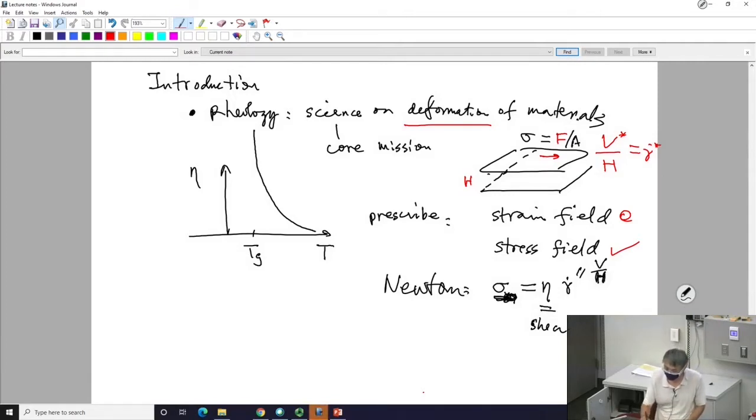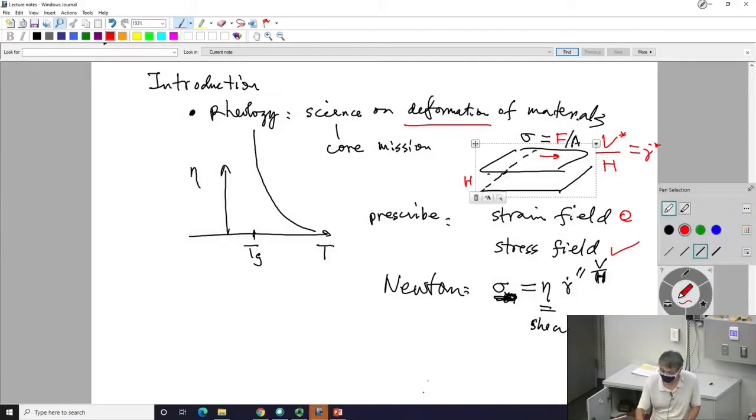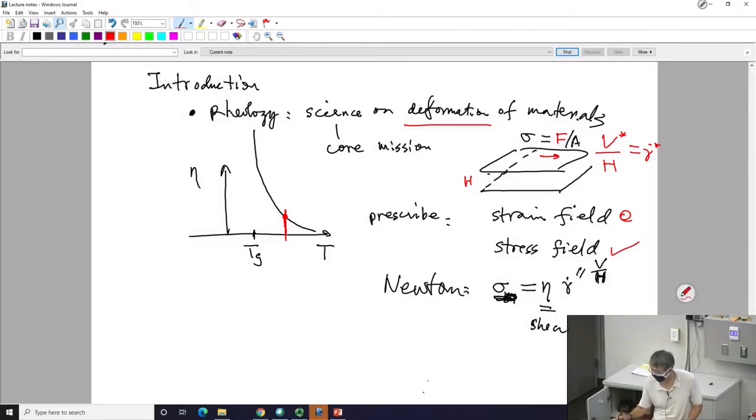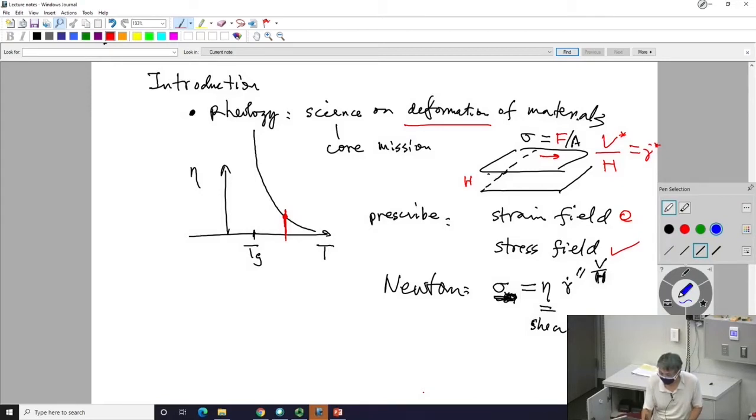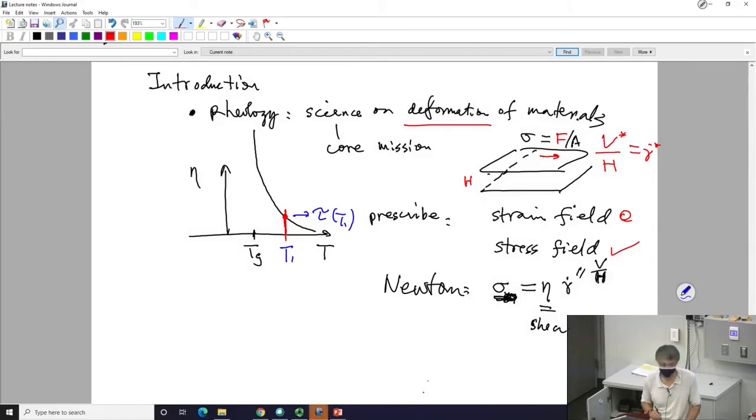So this is an aspect we will hardly need to deal with in this subject. We will typically be just sitting at some particular temperature and speak about the rest of the issues. In other words, if you sit at this temperature T1, let's say, you will have the corresponding relaxation times. We don't even normally, in this book, address that issue.